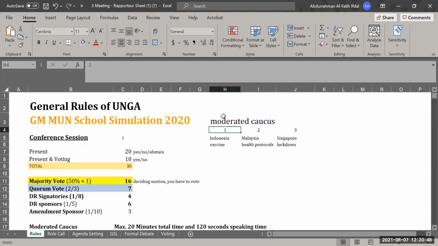And talk about anything related to the topic. That's the difference between moderated and unmoderated. So the name is unmoderated because basically there are no rules when it comes to discussing something. But in moderated caucus, there will be rules. There are rules which you have to follow. In this case, the rules of calculation of how motions are decided.